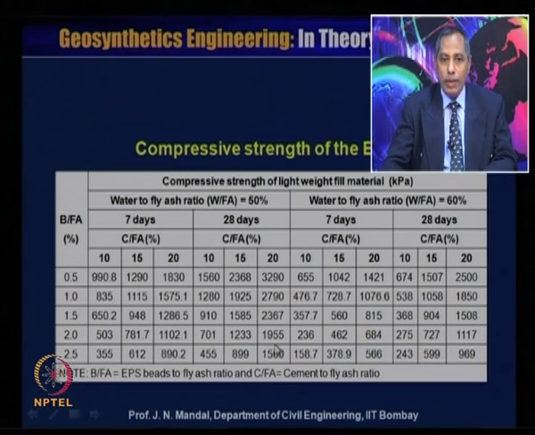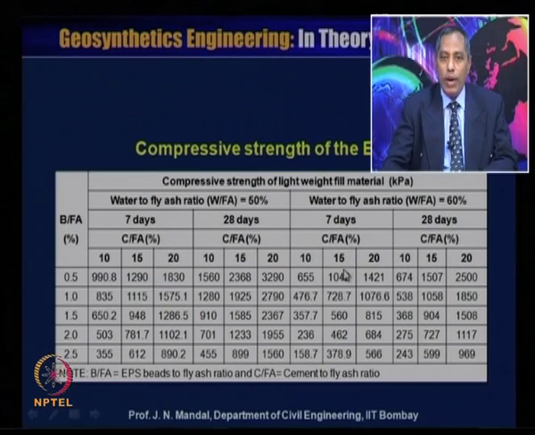So like that, you can observe in all cases there is this improvement of the compressive strength with increasing the cement to fly ash ratio or the beads to fly ash ratio. Similarly, when the water to fly ash ratio is 60%, for 7 days, for the beads to fly ash is 0.5 and cement to fly ash ratio is 10%, it gives 655 kilopascal.